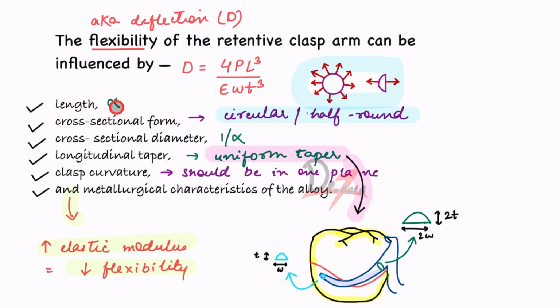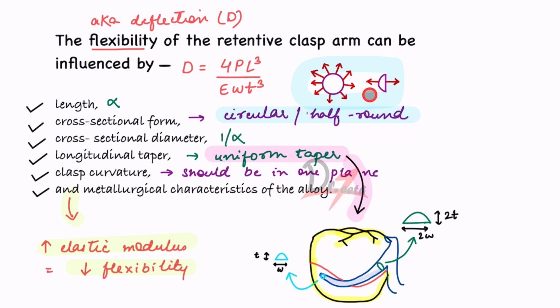So as we can see here, the flexibility is proportional to the length. And when we compare the flexibility to the cross-sectional form, we have two types of cross-sections in the clasp. Either it can be a round clasp or a semi-round or half-round clasp. Because we have a circular cross-section here, this type of clasp can flex in all directions, as shown by the arrows.